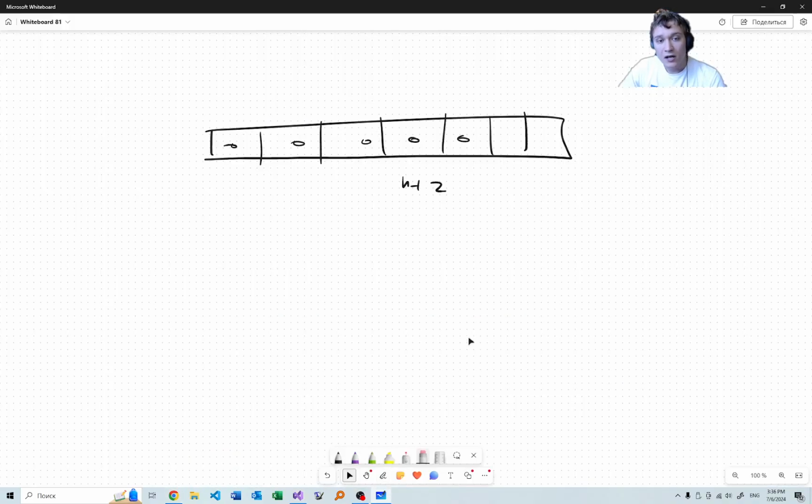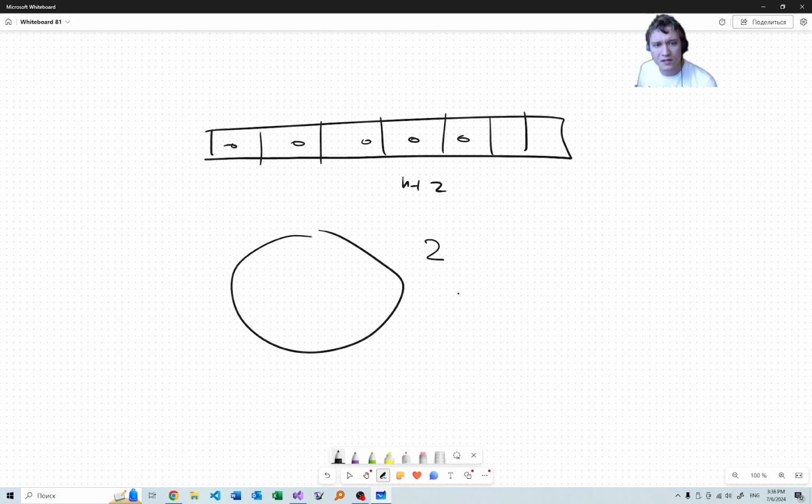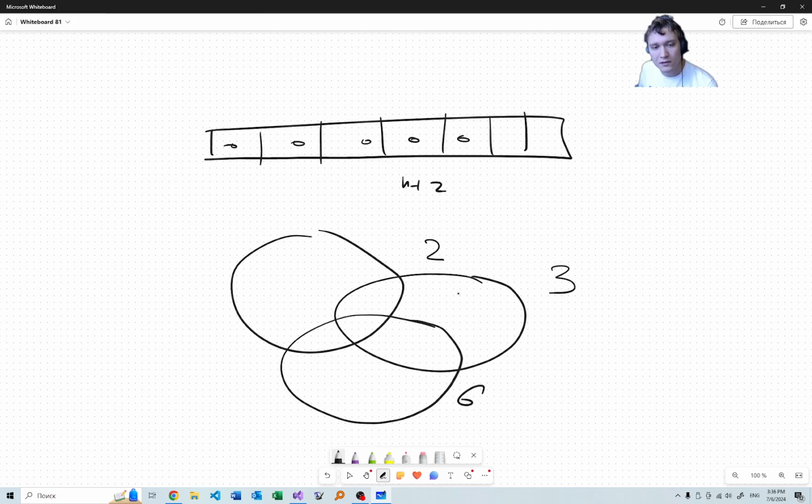Now we need to somehow calculate the answer. So I need to take the answer for 2, for example, then for 3, but then I need to subtract the answer for 6, because it is like here and it is calculated twice.